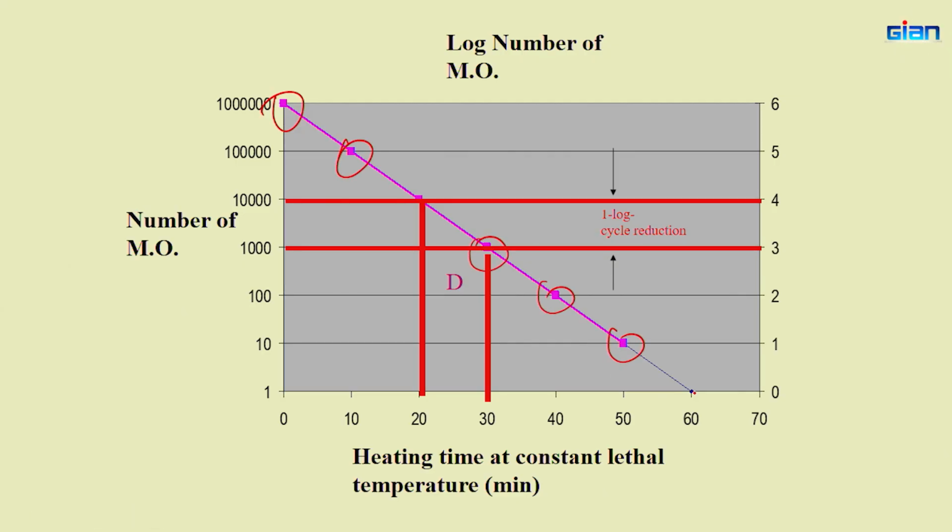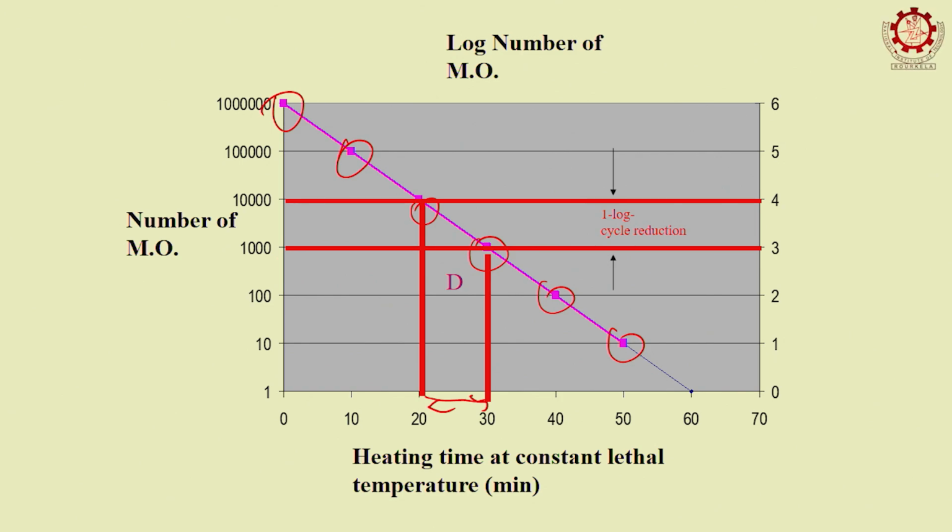And then you get a curve, and you want to find out how much time it takes to reduce the population by 90%. So, from say 10,000 to 1,000. That is called the D value.